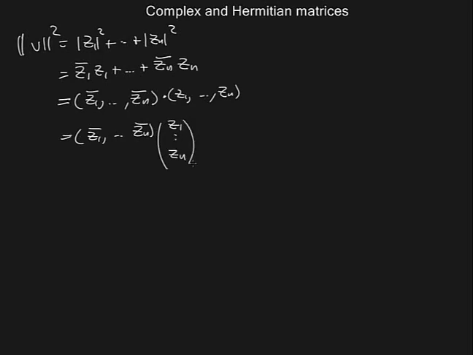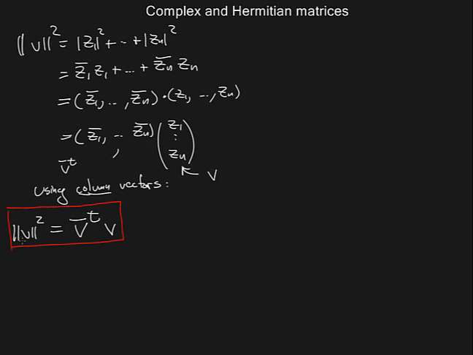And I'm going to emphasize column matrices here. If you use column matrices, we write this vertical vector here as v, and then this vector here is v transpose bar. So the formula for the length squared is v transpose bar times v.